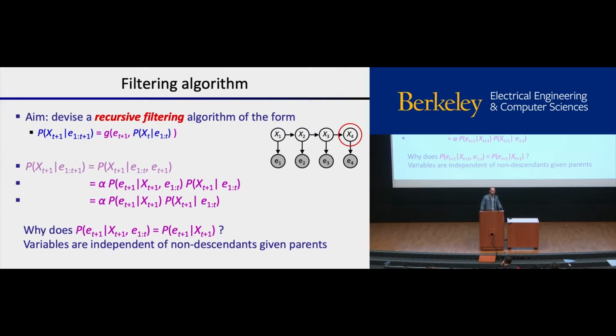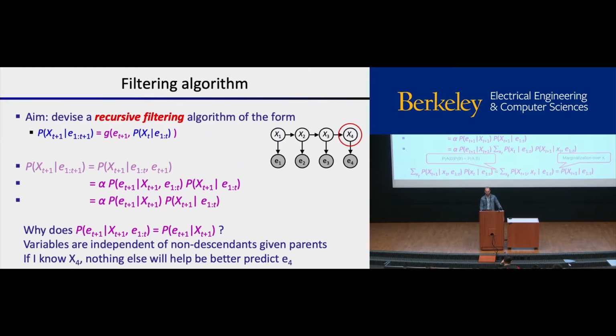That's the more general way you can read out certain forms of conditional independence from this graph. And if they're conditionally independent, then adding the extra information doesn't change the distribution. If I know x4, nothing else will help better predict E4.